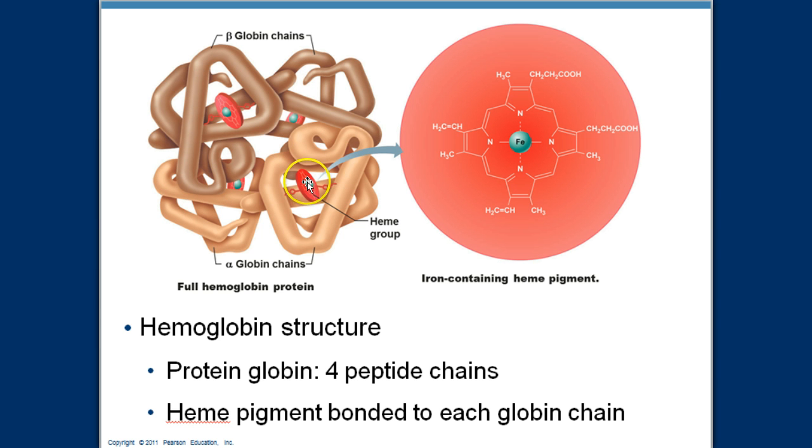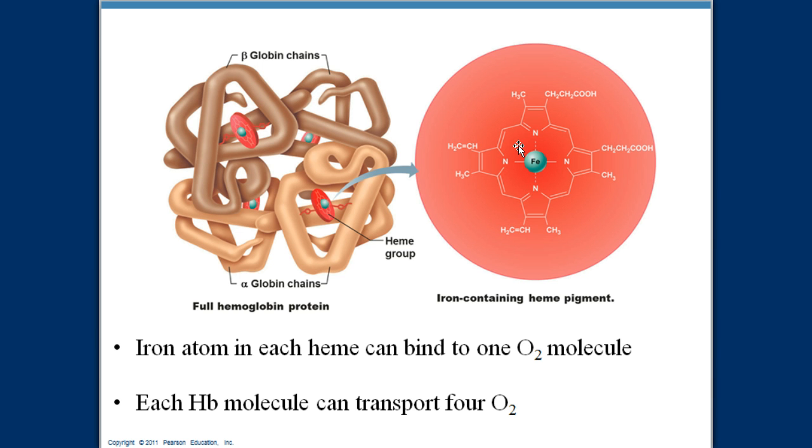So each one of the peptides has a pigment in the middle, which is called heme. In the middle of the heme is an iron. It is the iron that can bind oxygen. So each heme has one iron, and each iron can bind oxygen.